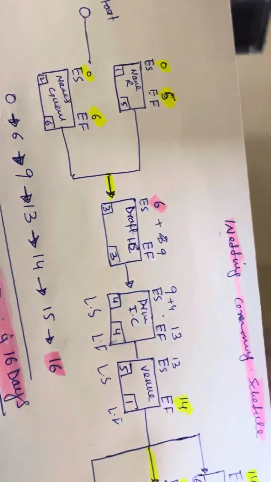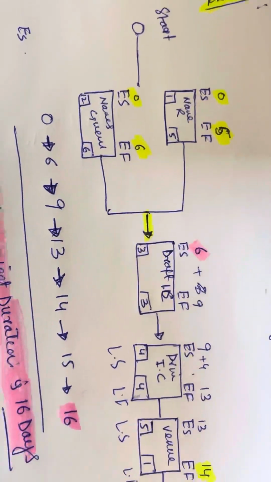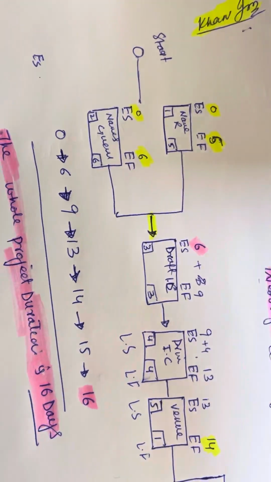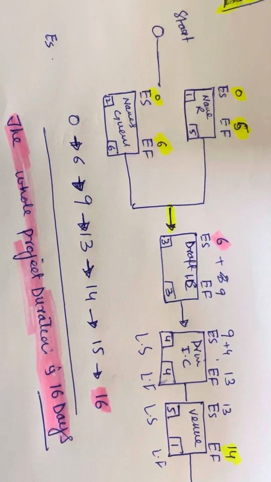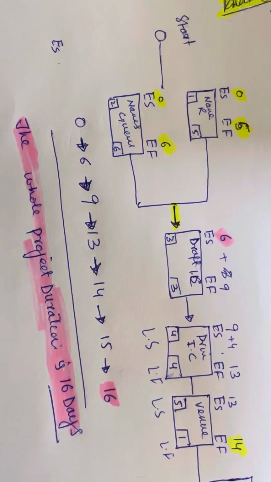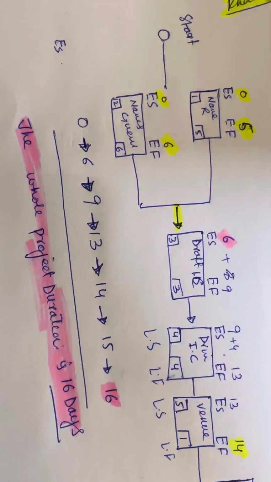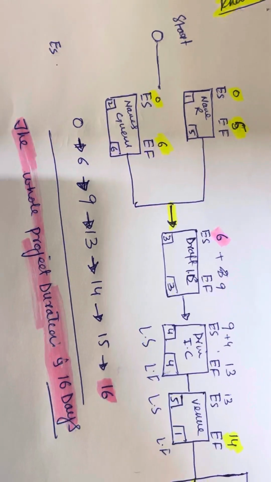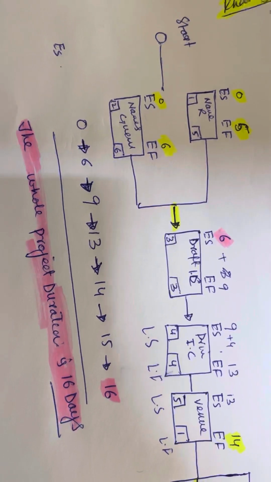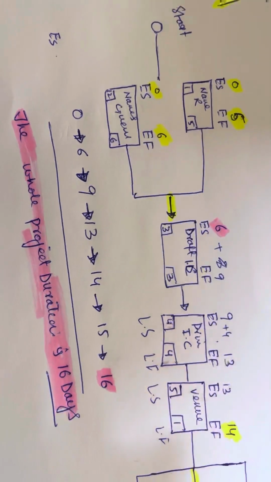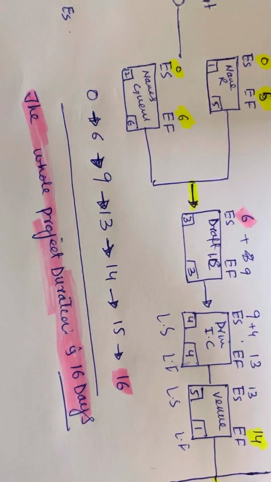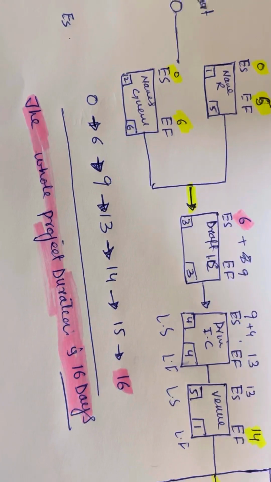And from here, it is a little bit technical. This is where you calculate the slack, total slack, free slack, or in some books it's called float. Total slack is the difference for each activity between latest finish minus earliest finish, or latest start minus earliest start.